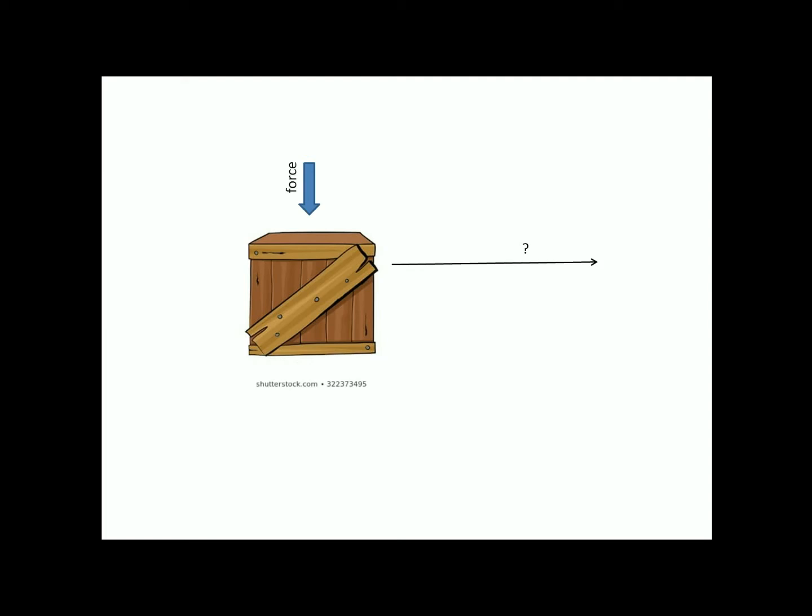Similarly, if a crate of some mass was traveling at a much higher velocity, you'd have to apply a much greater force to slow it down. Mass and velocity together make up this useful quantity called momentum, and we can understand how that changes.